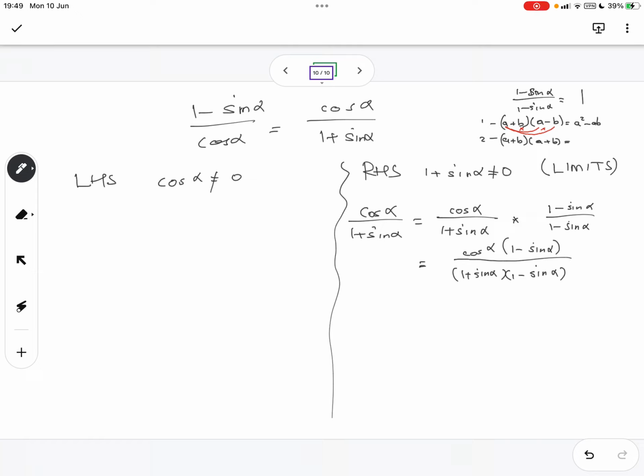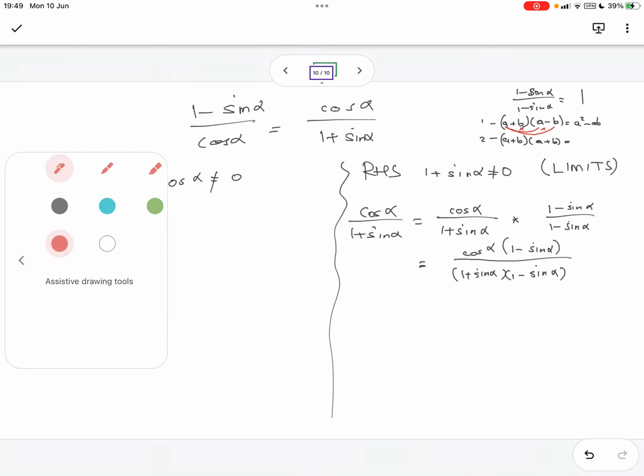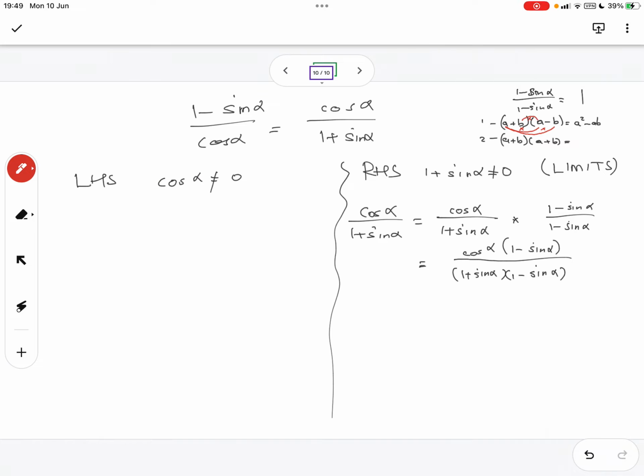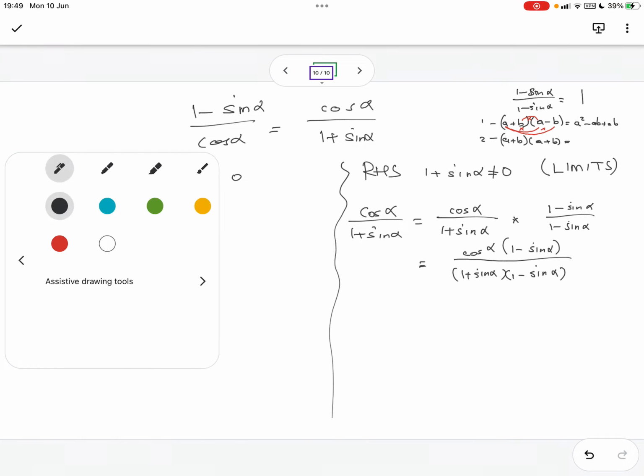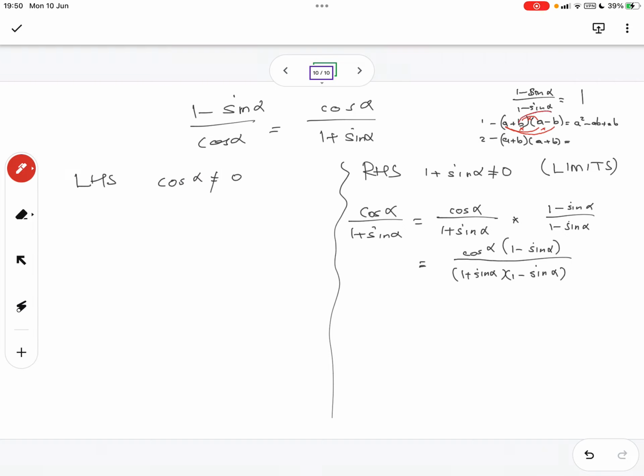It's a times a, and that gives us a squared, and then a times negative b gives us negative ab, and then we multiply b times a, so that still gives us ab, but the sign is positive this time, so it's plus ab, and then we finally multiply the last b with the negative b, and that gives us minus b squared, right?